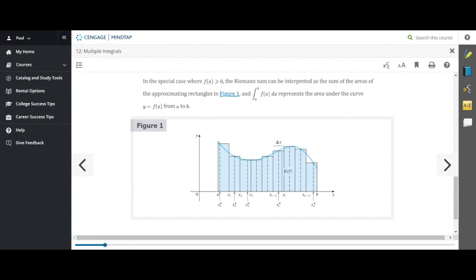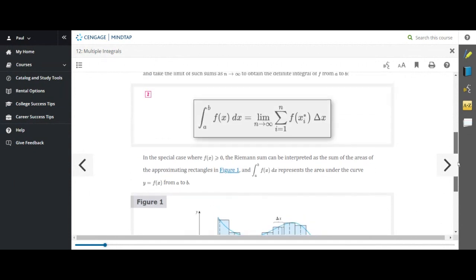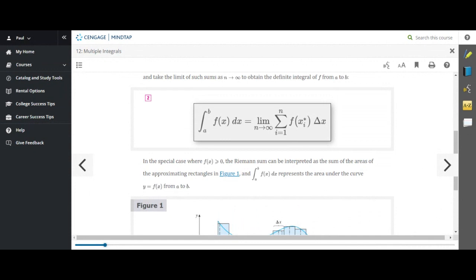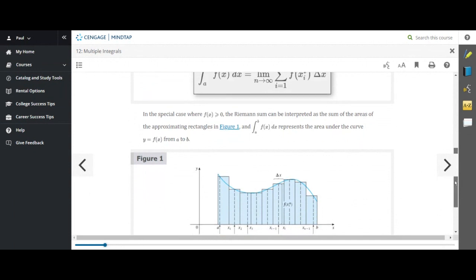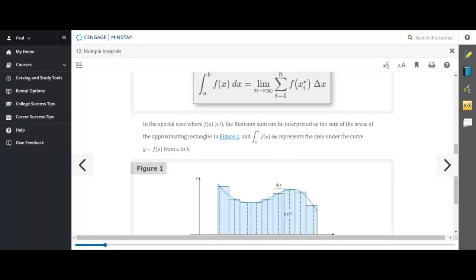function values. Okay, so you learned that back in calculus 1. If we think about this picture here, geometrically, the Riemann sum is the sum of the areas of these rectangles that are positioned there, and some of the rectangles can go above the curve, some can go below.